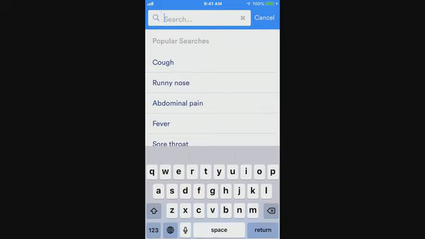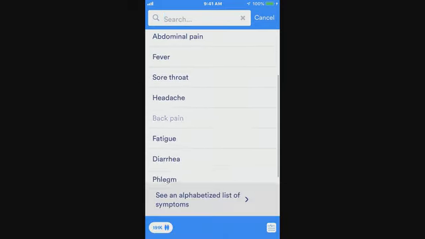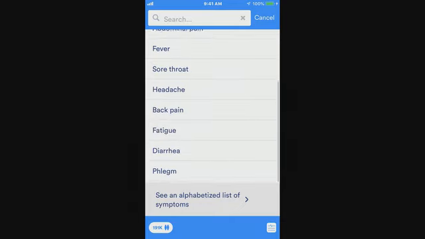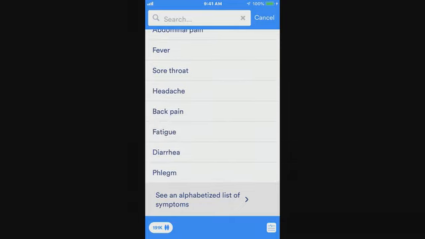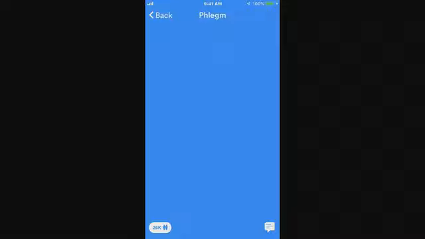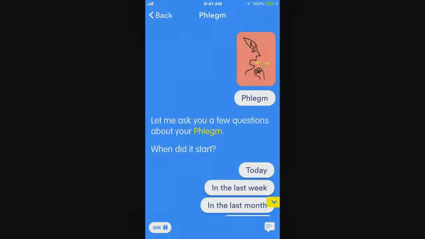So type in how you're feeling today. Should we have a cough, a runny nose, abdominal pain, fever, sore throat, headache, back pain, fatigue, diarrhea, or phlegm? Phlegm? Phlegm is the winner? Phlegm is like coughing up crap in your throat. Luckily they visualize it.